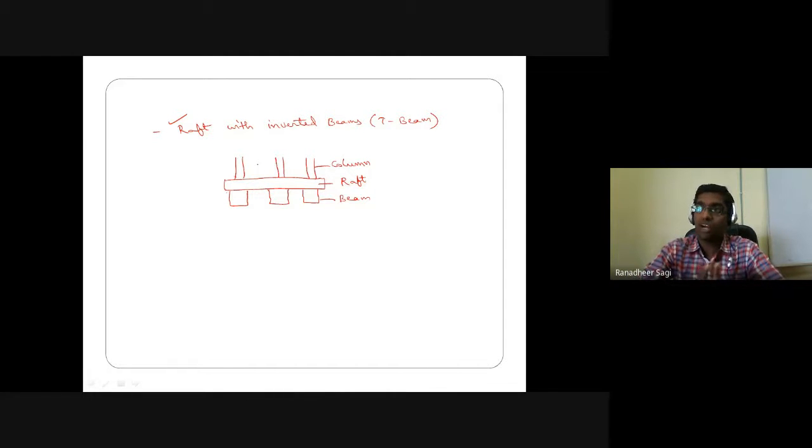That is one type of raft which you can come across. In some cases, the column would directly transfer the load onto the raft, and from the raft, in the form of a pedestal spread over a certain width, the load gets redistributed onto the soil below that raft region. So you'll have various other types of rafts which are generally used in the construction of the superstructure.